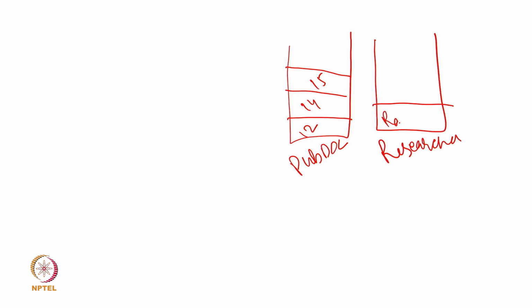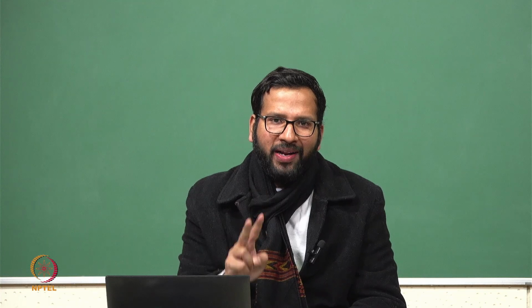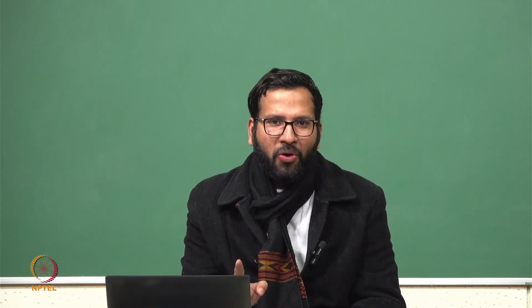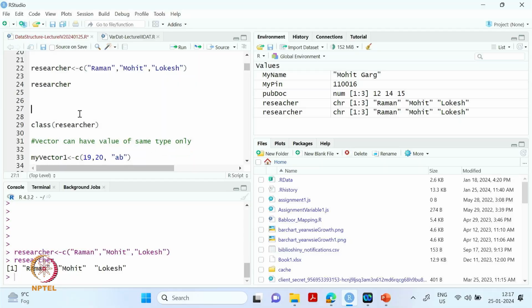Then this is Raman, Mohit, Lokesh. Okay. So until now, what we have done here is we have created two objects. One is pubdoc and another is researcher.